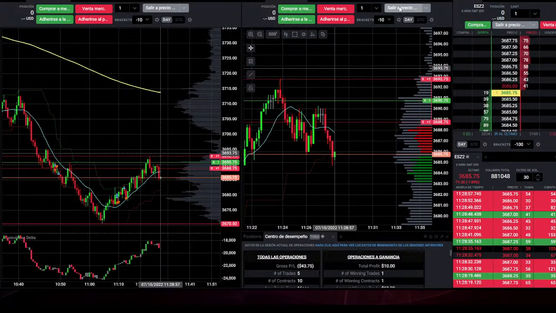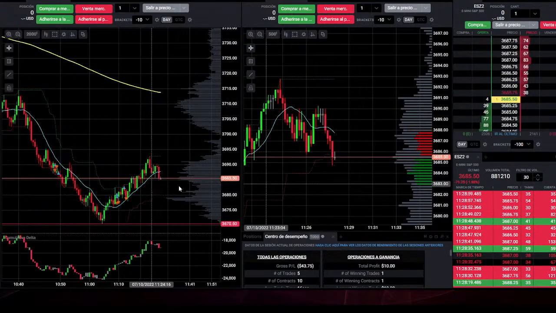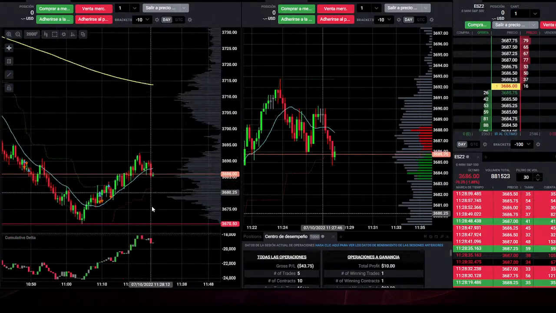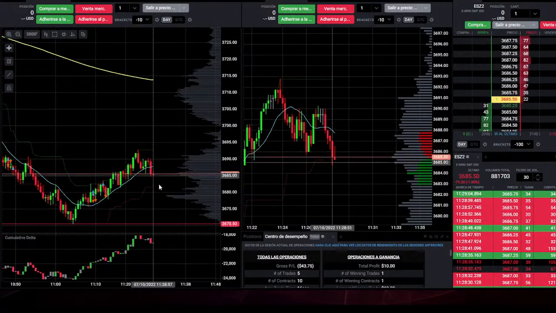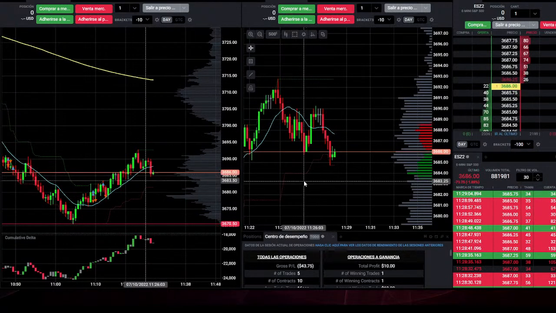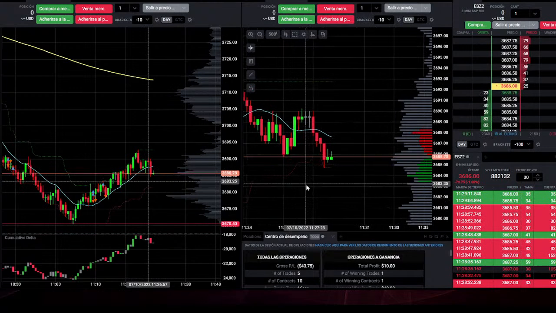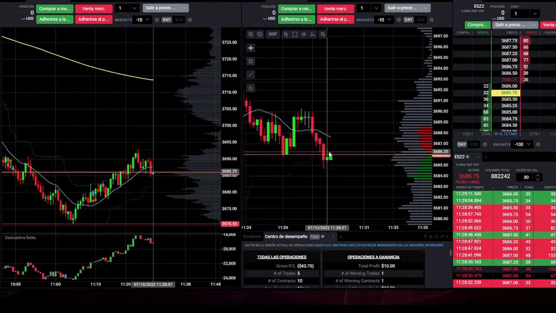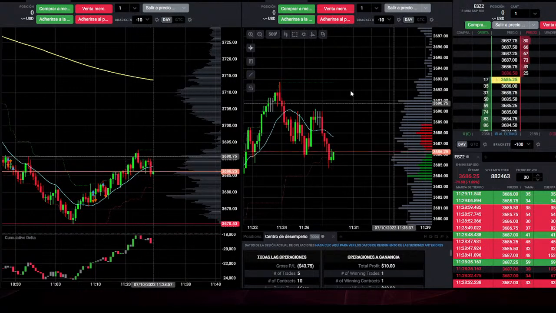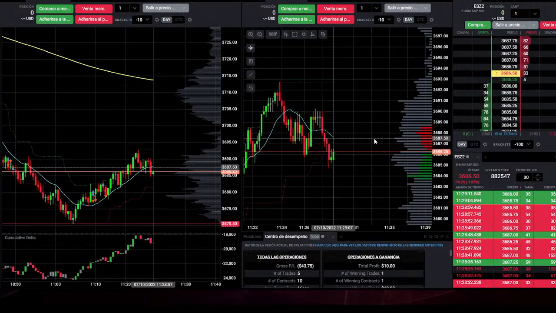I don't like it going down. Here we could have some continuation to the downside. For me, it's going to go back into this kind of cluster of blocks.